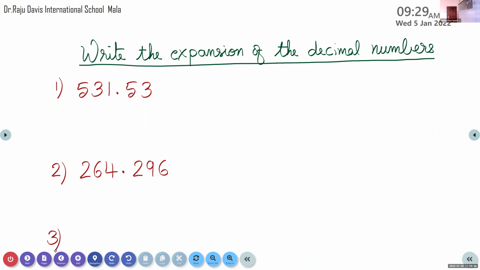First one is 531.53. Second one is 264.296. One more, the last one.